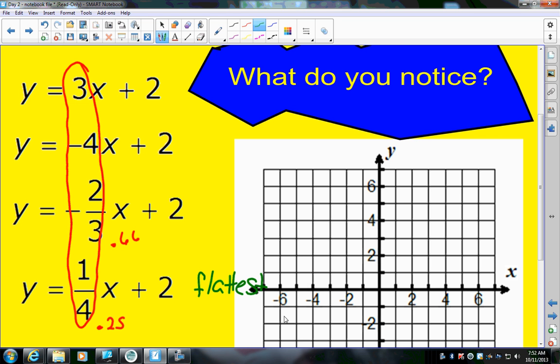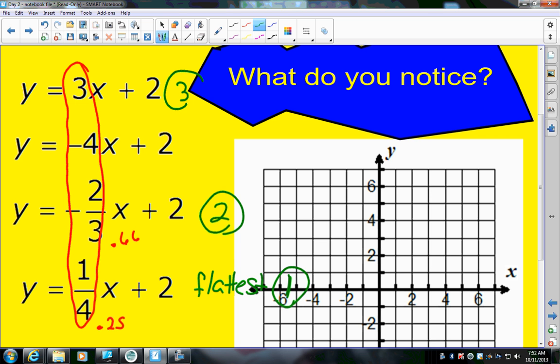If I had to rank them from 1 to 4, hint, hint, you may have to do this, rank them by steepness from flattest to steepest. This would be the first one. What would be the next one? 0.66, the 2/3, because I'm gradually getting away from 0. What's the next steepest?